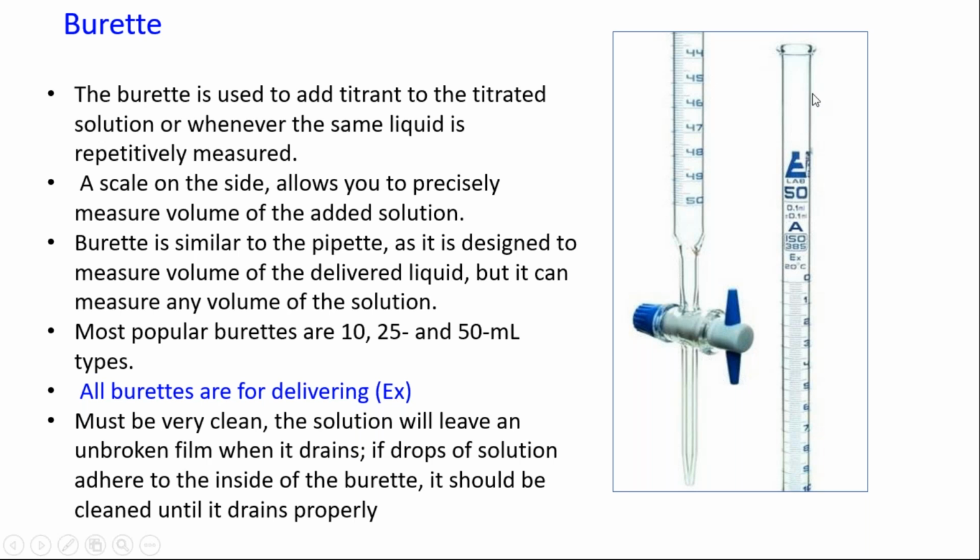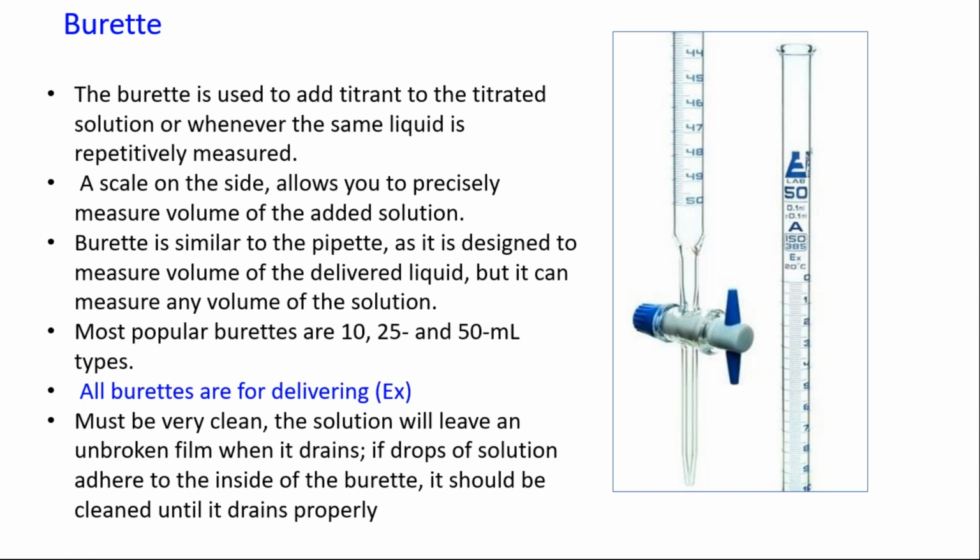You have to see that your pipette is very clean, and for precise and accurate work, if you find that when you wash a pipette, water sticks to the sides of the tube, that indicates that it is not clean and it has to be cleaned again.